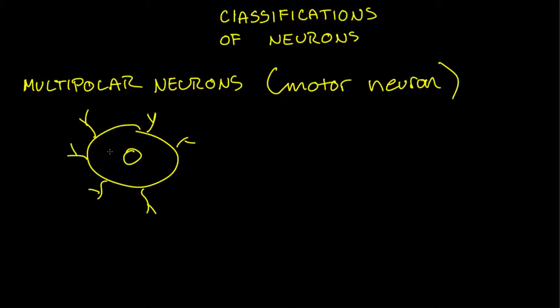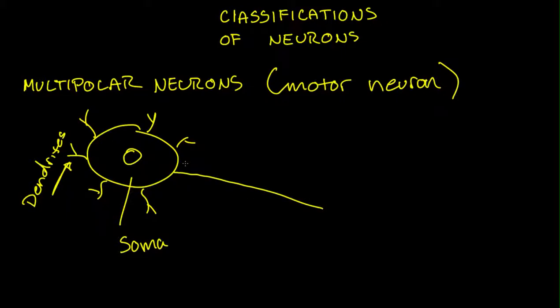So we know we have the soma, which is the body, and then we have the dendrites, and then coming off of the soma we have the axon.